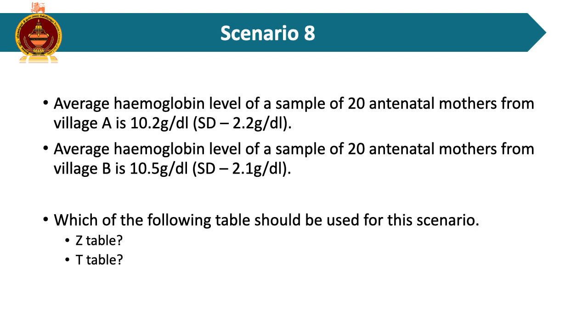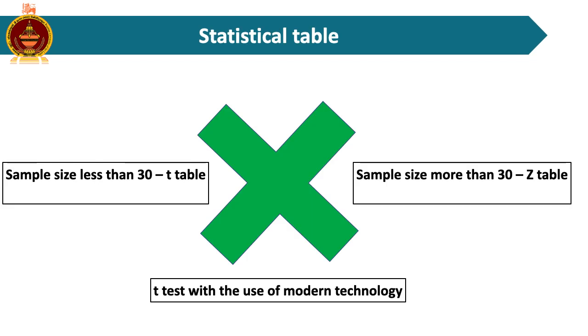Which of the following tables should be used for this scenario? Whether it is the Z table or the T table. I use a green cross for this because there was an accepted rule. If the sample size is less than 30, we use the T table, and if the sample size is more than 30, we use the Z table.